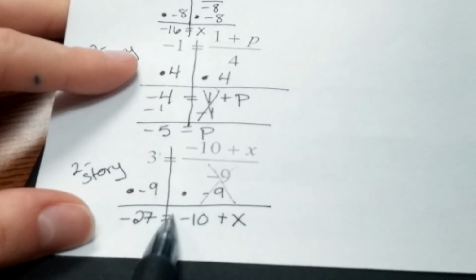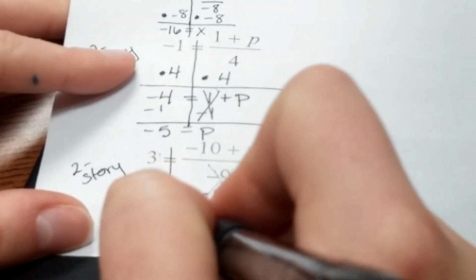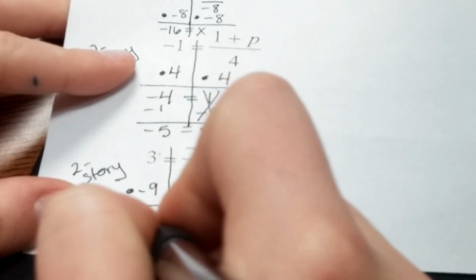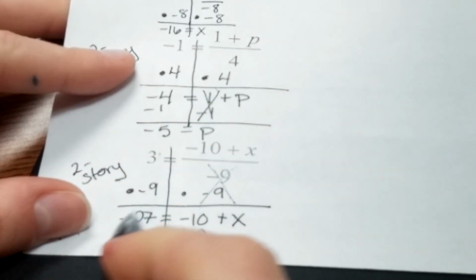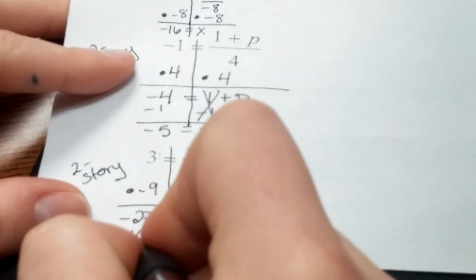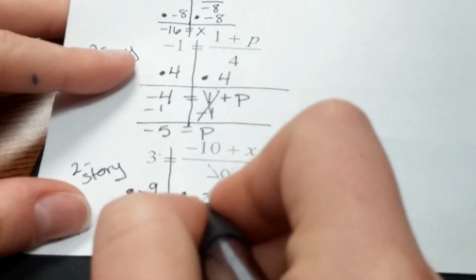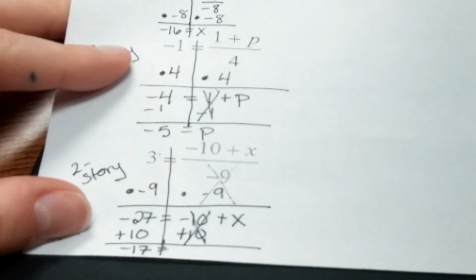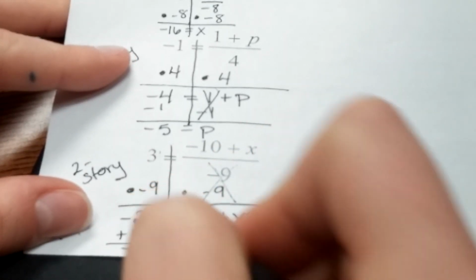I see a negative 10 right here. So how do I get rid of a negative 10? How do I cancel that out? I need a positive 10, so a plus 10 and a plus 10. And then negative 27 plus 10 is negative 17. These two guys are gone, so negative 17 is equal to x.